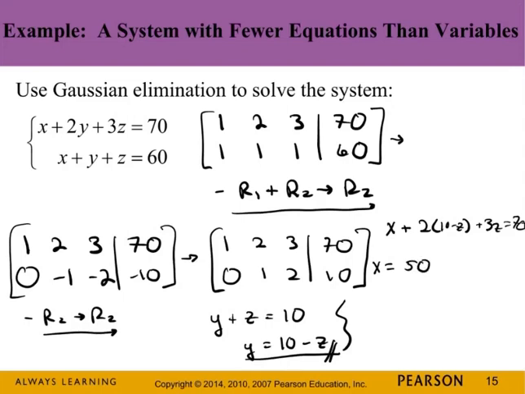That's going to be a negative 2Z, and a Z, so we subtract Z, so 50 minus Z. So then our variable matrix XYZ takes on the form 50 minus Z, Y is 10 minus Z, and Z is just Z.